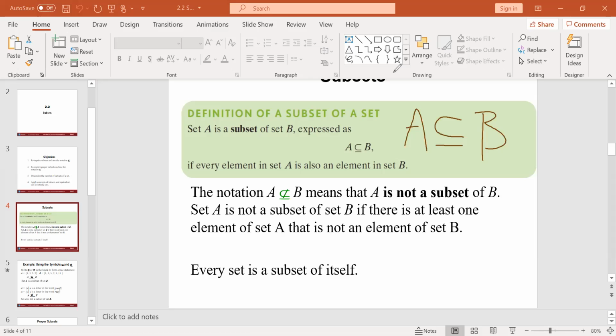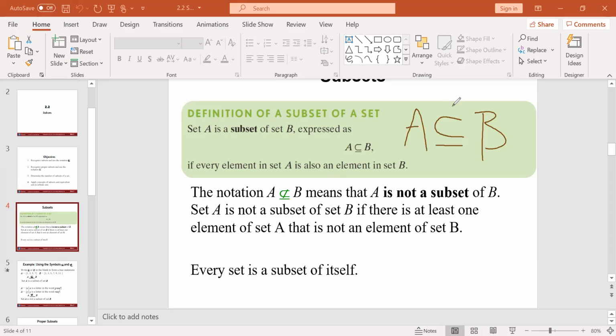Whatever set A's elements are, those elements must also be found in set B, but set B is allowed to have more elements than just those. You can take everything from set B and form set A out of it, but set B could be larger. It's actually possible that they are equal using this definition, but we'll see that distinction in just a moment.